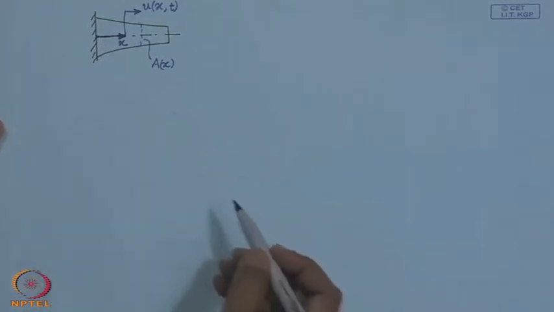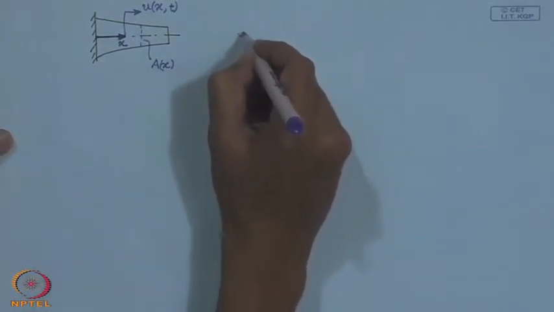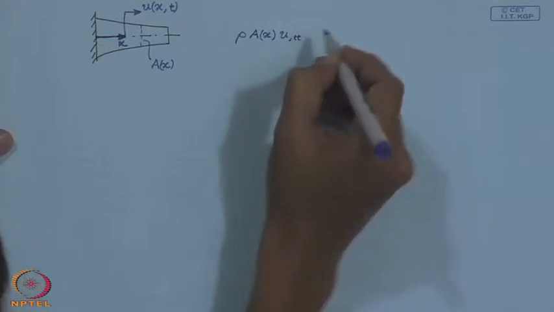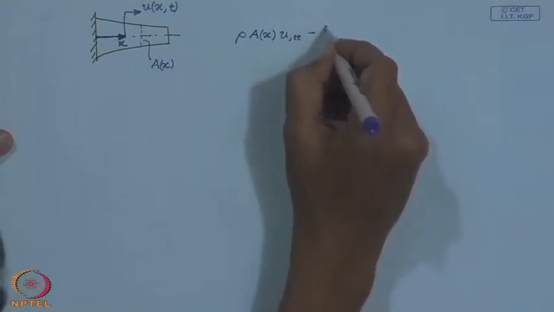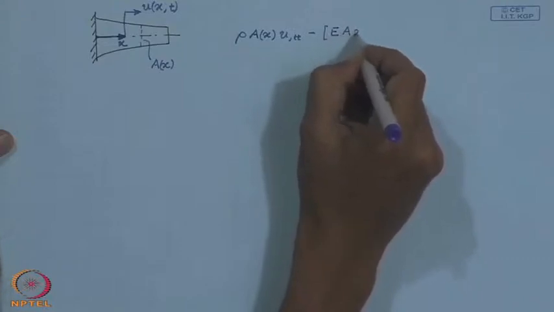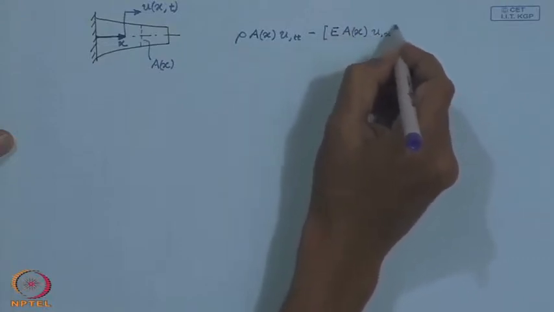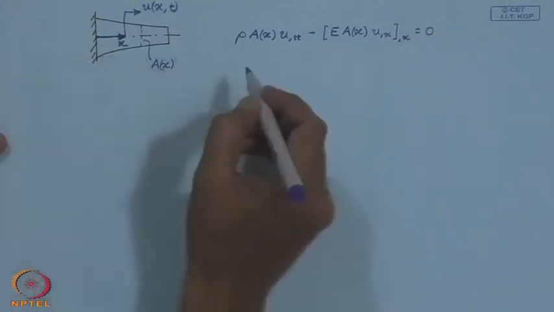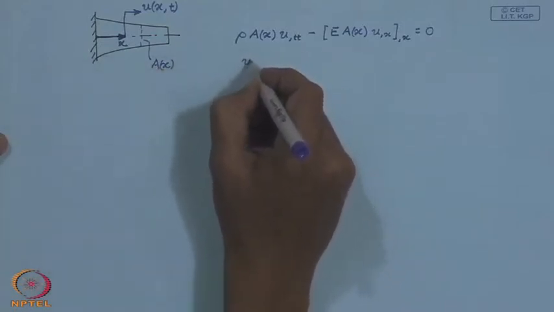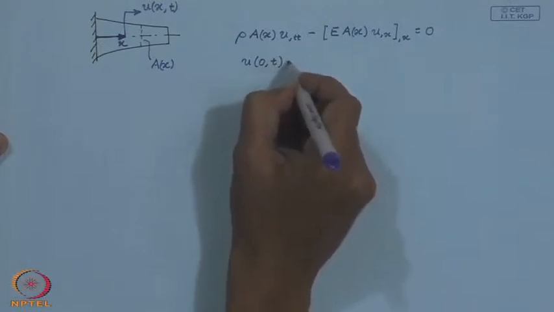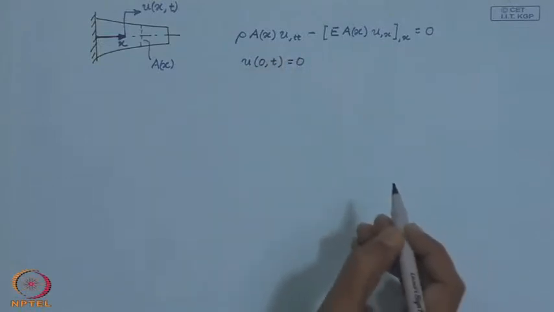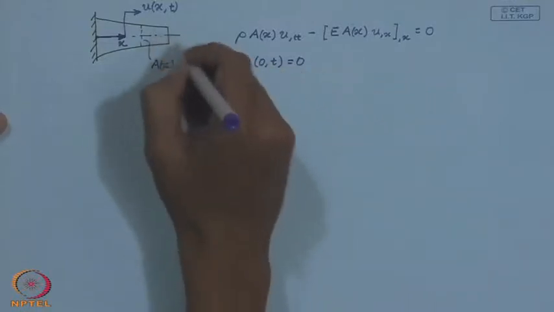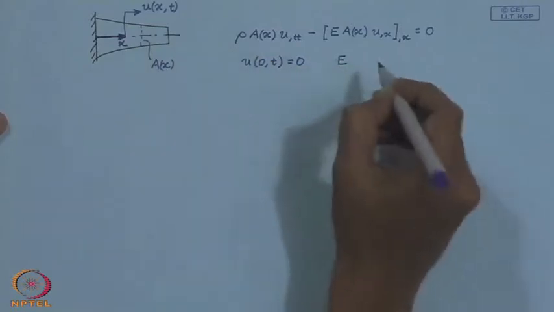The equation of motion of this system was given by this, and the relevant boundary conditions for this problem were given by u at 0 is equal to 0 for all time, and on the right boundary we have a natural boundary condition.